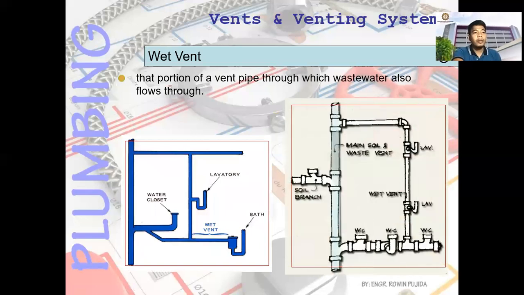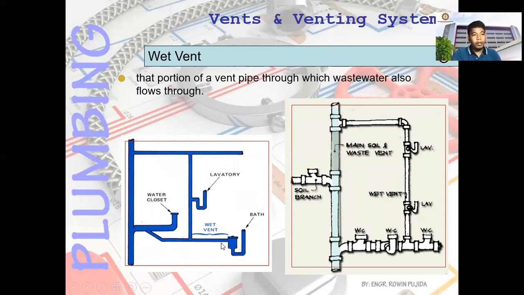Next is wet vent. So that portion of vent pipe to which wastewater also flows. Okay, so you have this wet vent. Since from the lavatory you have wastewater here, the wastewater can also pass through the wet vent since you have here your bath or maybe your floor drain.